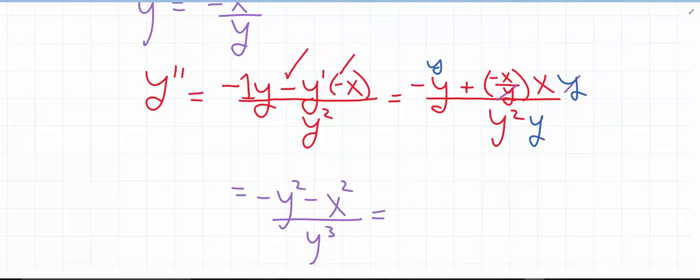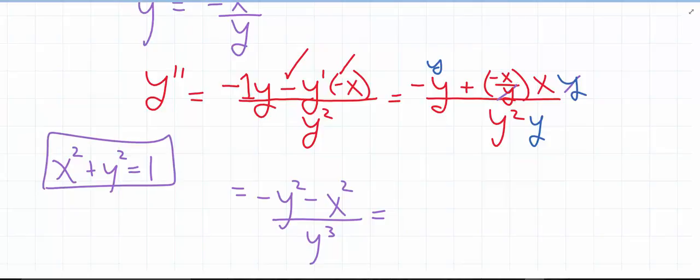Now, really, we're done. That's good enough. However, for this particular problem, it's irresistible to go one more step because we know that x squared plus y squared equals 1. That's the original problem. So let me just factor a negative out of here and replace that x squared plus y squared with 1.